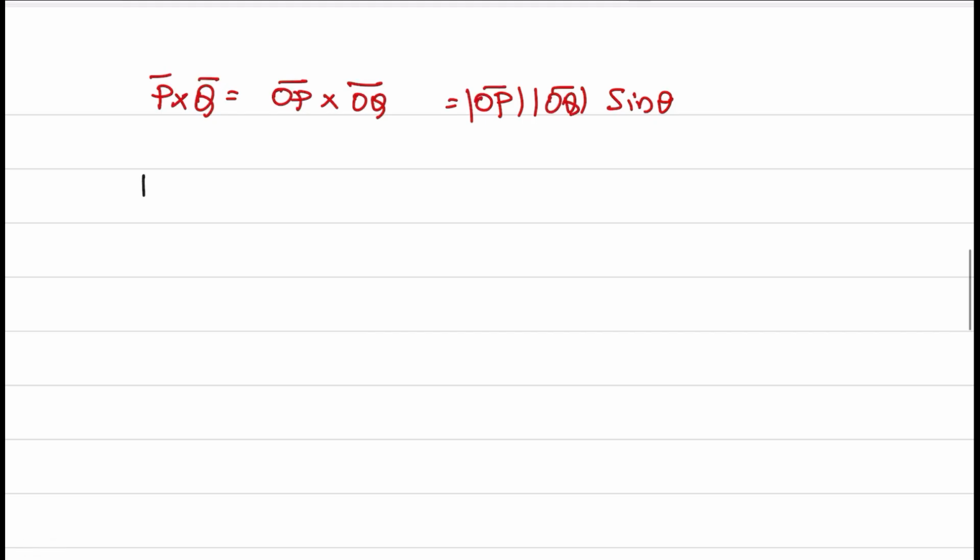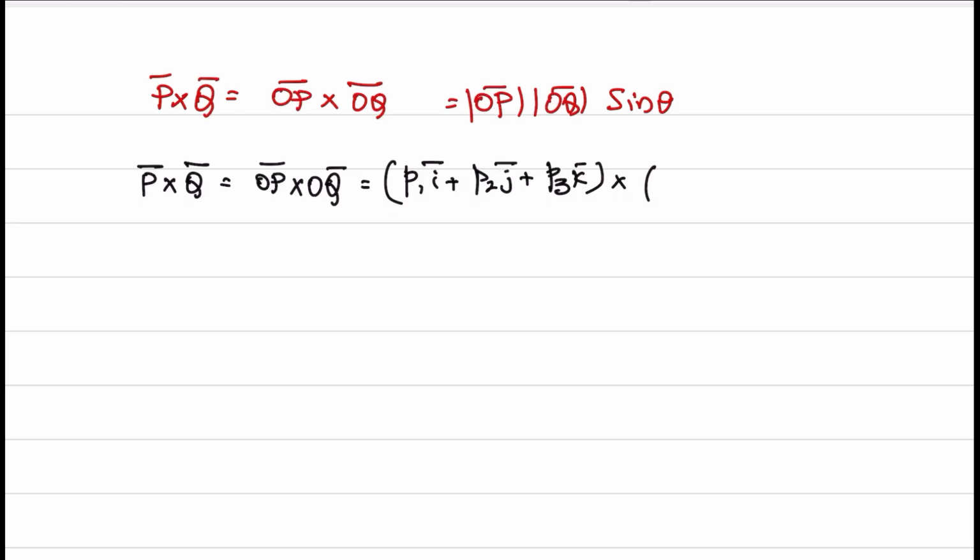In that case, P bar cross Q bar is equal to OP bar cross OQ bar, which is (P1 i bar plus P2 j bar plus P3 k bar) cross (Q1 i bar plus Q2 j bar plus Q3 k bar). This is the expanded version of P cross Q.